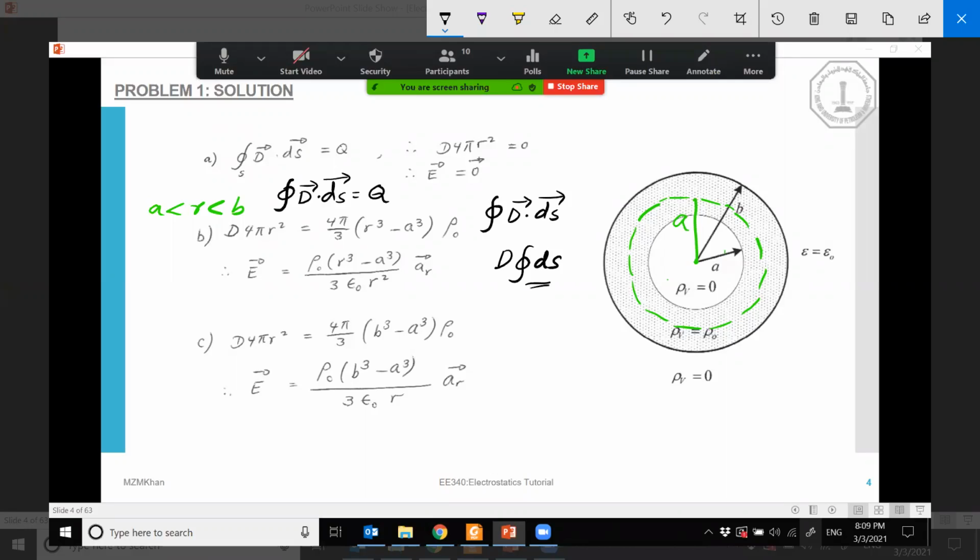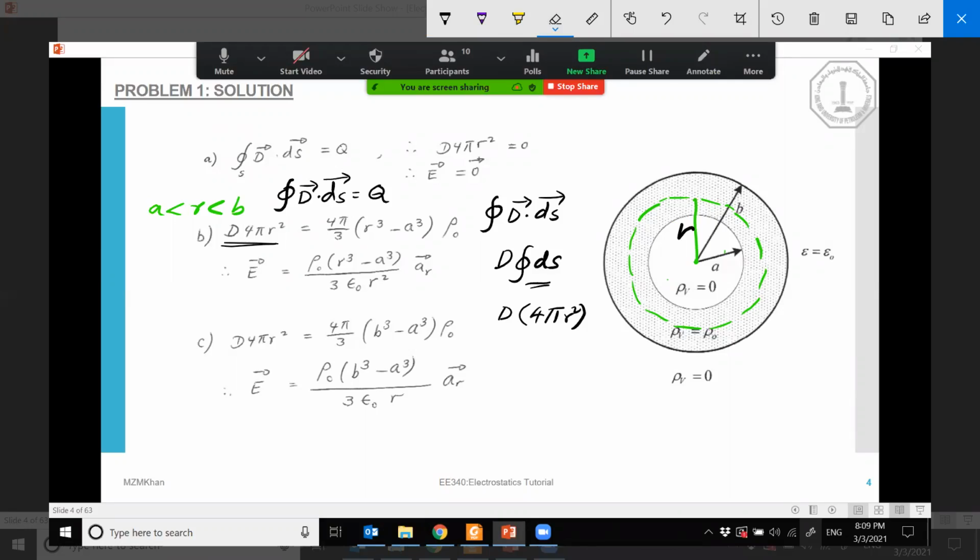And what is the area of this green spherical shell? The area will be 4 pi times the radius of the spherical shell, which is r. Sorry, this should not be a, this should be r. So it is 4 pi r squared. This is how we get the left-hand side.